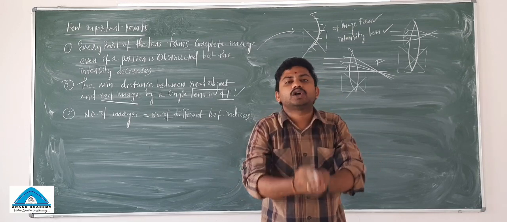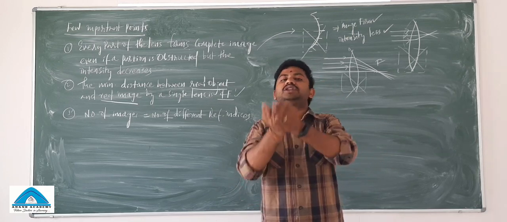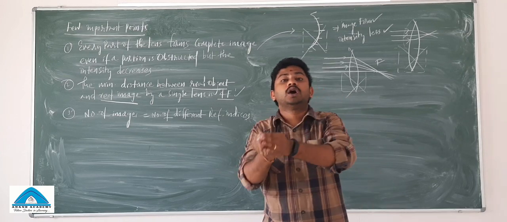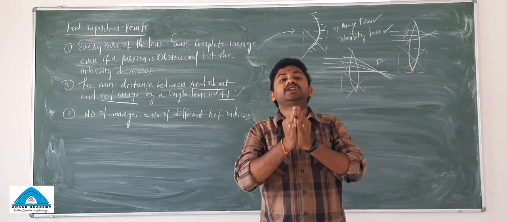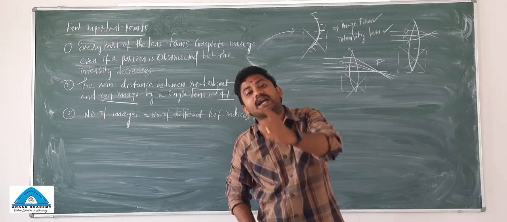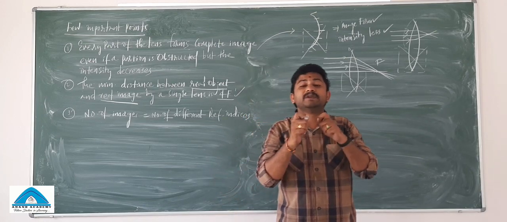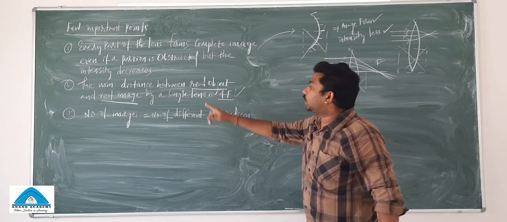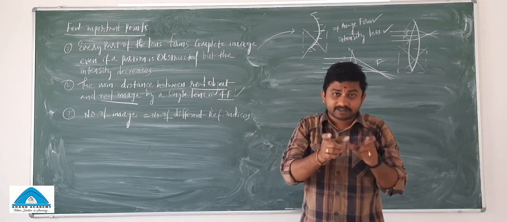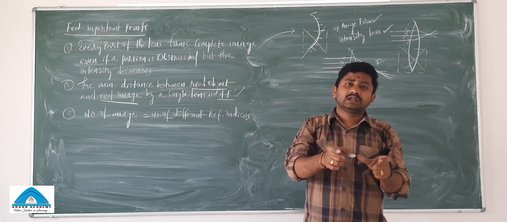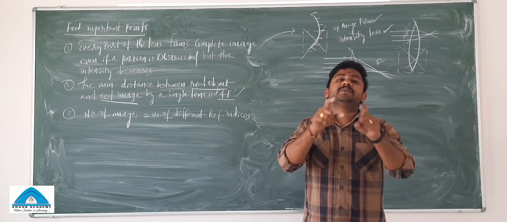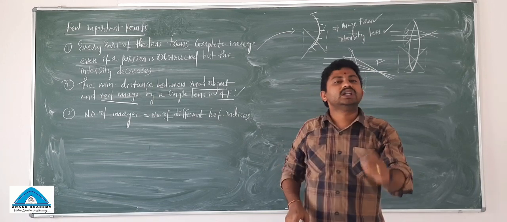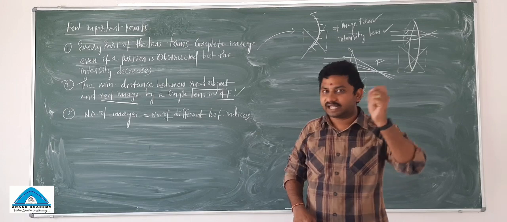In the case of convex lens, the image formation may be real or virtual. In case of concave lens, only one kind of image is formed, which is a virtual image. So here they are talking about a real image. That means they are giving us information related only to the convex lens, right?